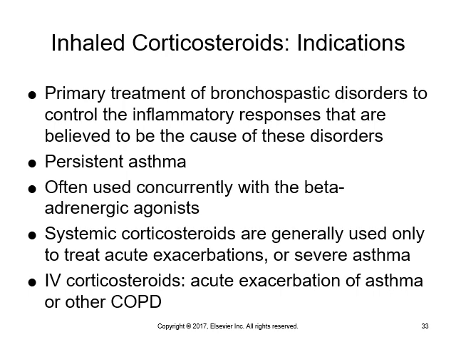Persistent asthma, often used concurrently with beta-adrenergic agonists. Systemic corticosteroids are generally used only to treat acute exacerbations or severe asthma. IV corticosteroids, acute exacerbation of asthma or other COPD.